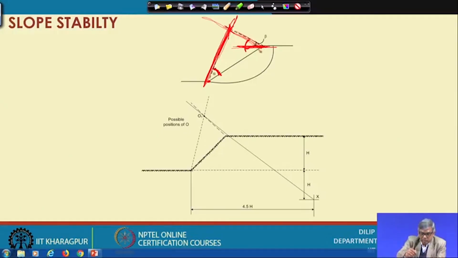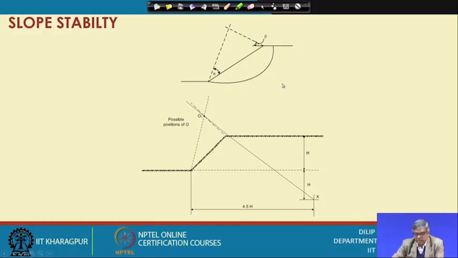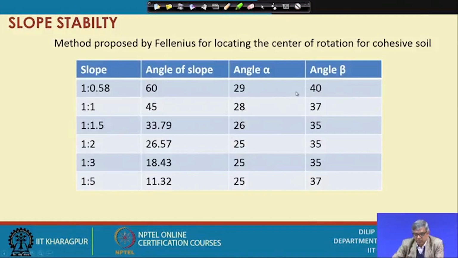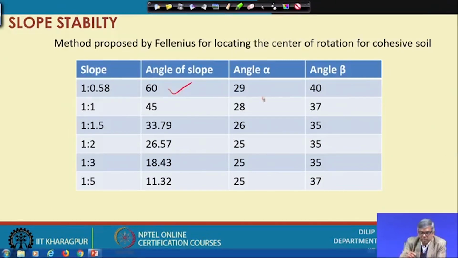And what is the value of alpha and what is the value of beta? That is given by Fellenius. You can see in the previous slides, when the slope is 60 degrees, your alpha will be 29 degrees and beta will be 40 degrees.